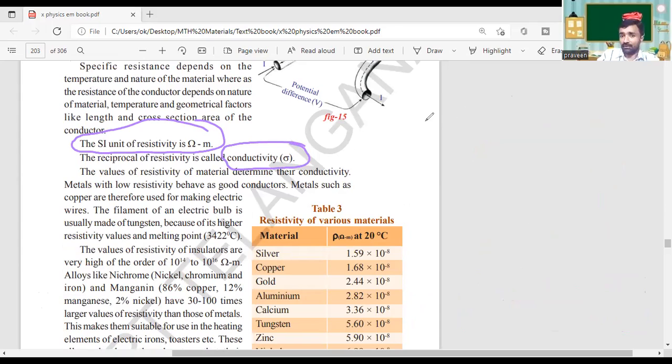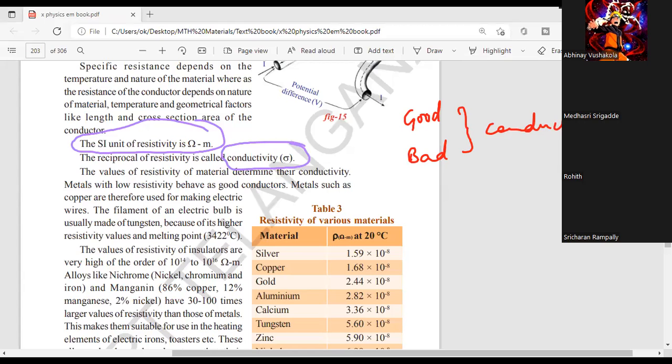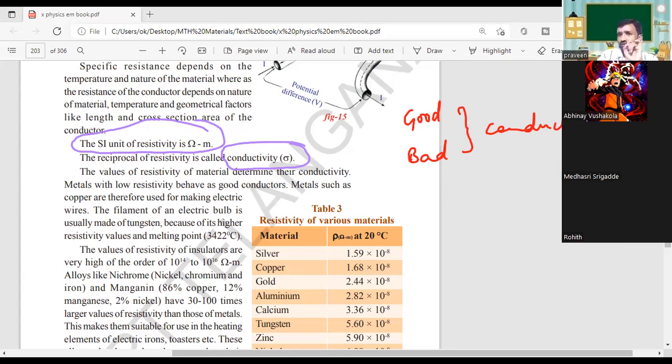Now I am trying to decide a good conductor and a bad conductor. Right? So how do you decide? A conductor conducts energy. Did you get the meaning or is there confusion? Conductor means which conducts the energy, that is electrical energy here. Electrical conductors.